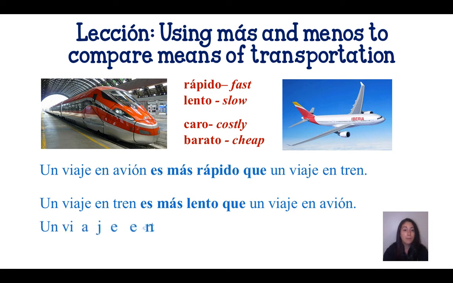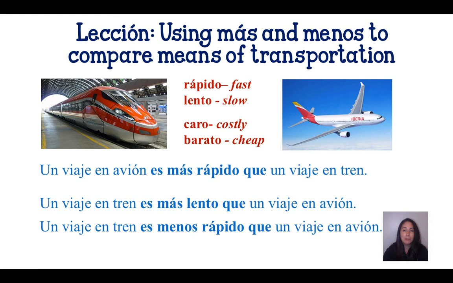And finally, un viaje en tren es menos rápido que un viaje en avión. This is the same sentence, except instead of saying that the train is slower, I'm saying that the train is less fast. It's really just expressing the same idea, but one is an example of using más and the other is an example of using menos.